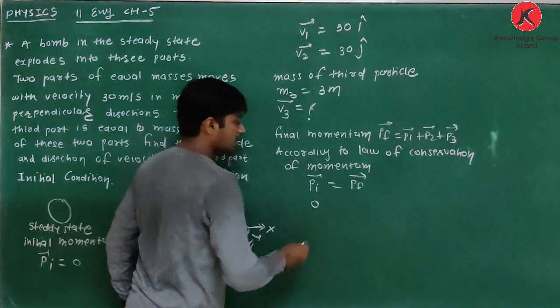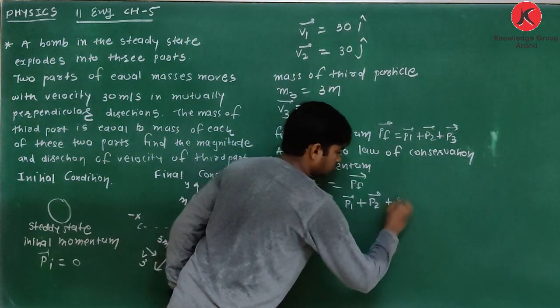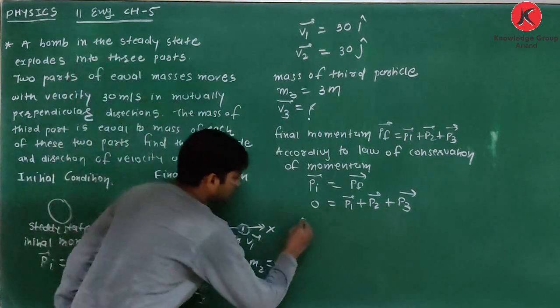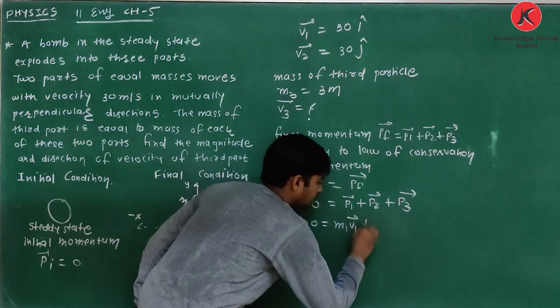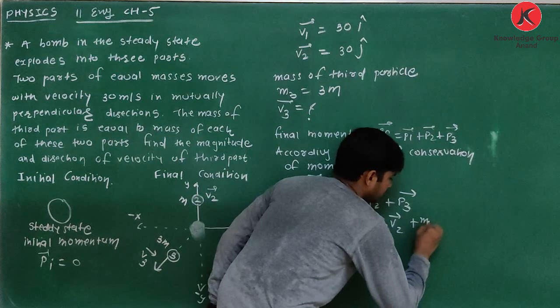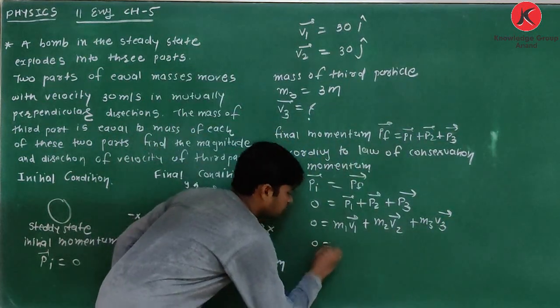Initial momentum is 0. Final momentum is P1 plus P2 plus P3. Clear about this? So 0 is equal to m1 v1, mass into velocity, plus m2 v2, mass into velocity, plus m3 v3.